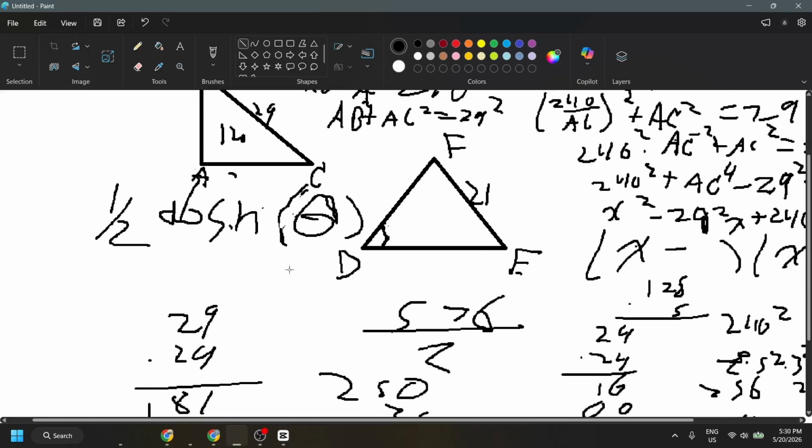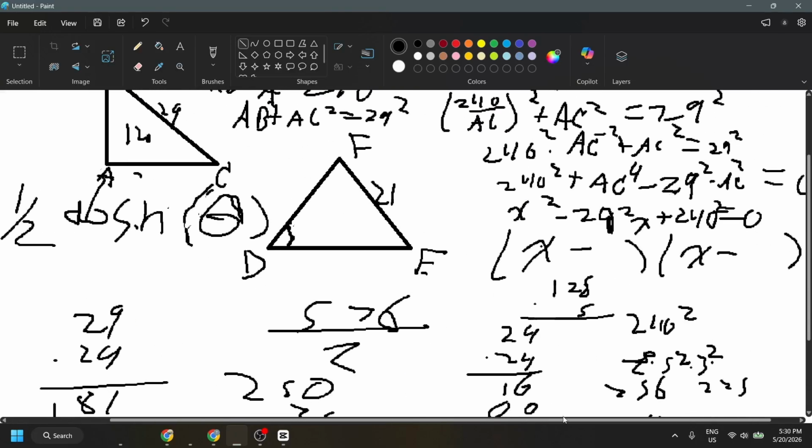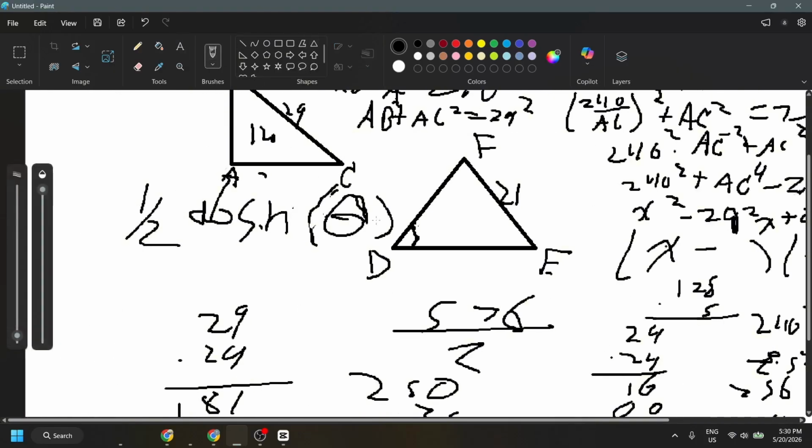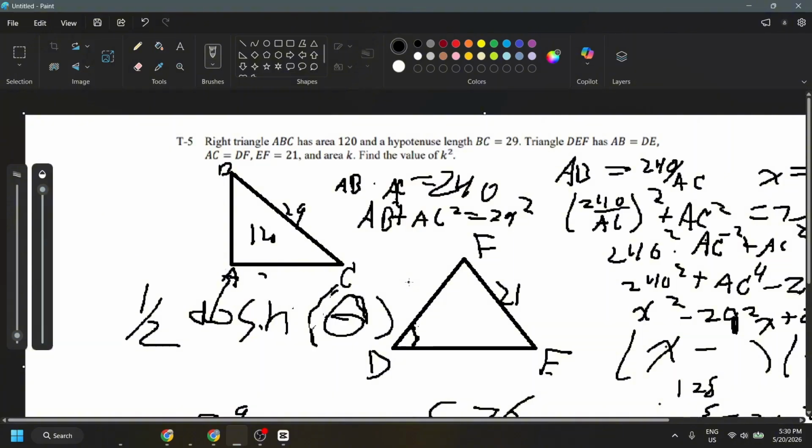Okay, so AB, if it's these two, we know AB is 240 squared. No, AB is 240. So it's 120 sine theta. Just need to find theta.